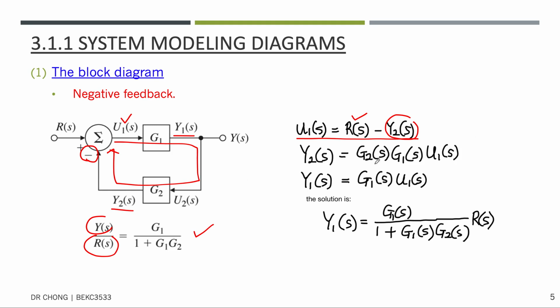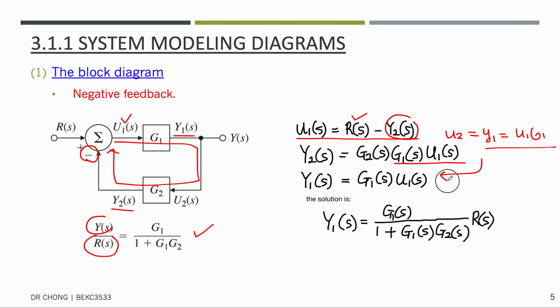Y2 equals G2 multiplied by U2, and U2 is the same as Y1, and Y1 equals U1 G1.